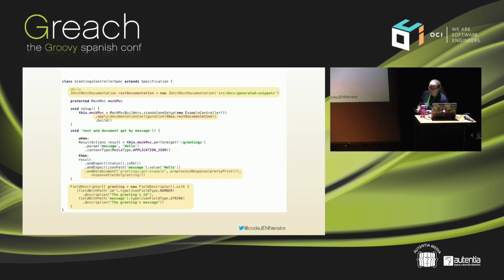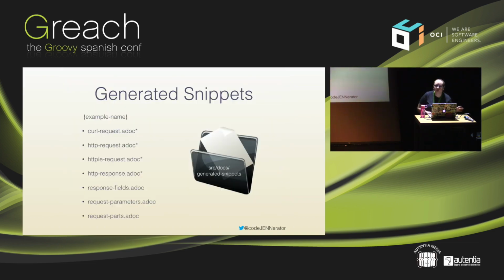So what happens when you run a test that looks like that is that you get a lot of different things in this output directory that I've set up to be in the docs folder. You get a curl request that was generated, and all of the ones that are in asterisks are the ones that come by default. The rest are ones that are only included if you specify that.